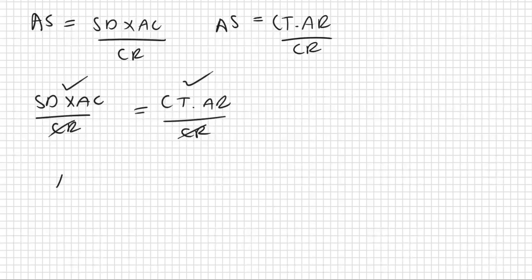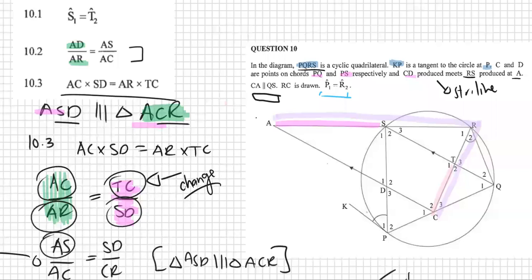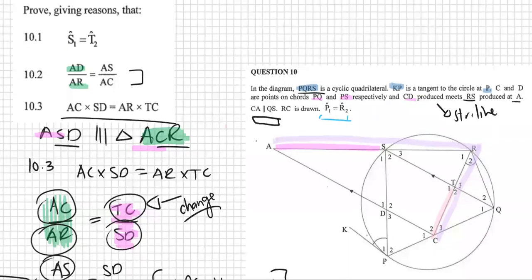So to put it in order, AC times SD is equal, therefore, to AR times CT. Fantastic. That concludes question 10 and also November 2022, paper 2. Good.